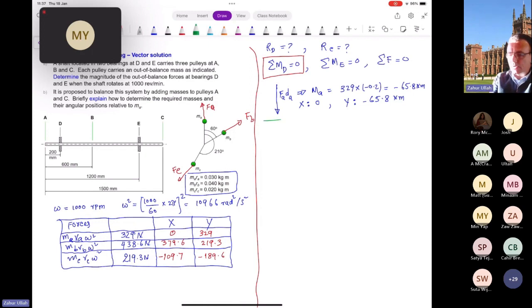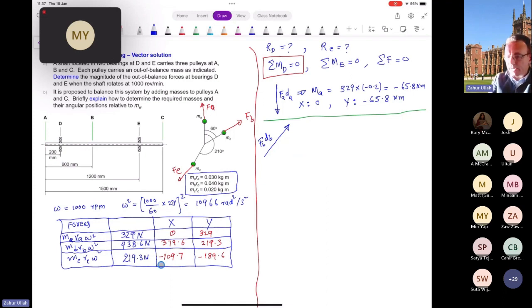Okay, so now after this, we are going to this, which should be in this direction. So this is what you can call FB and then dB. This is our FB, which you can call moment B. FB is 438.6, and dB is the distance between D and B, which is positive in this case.